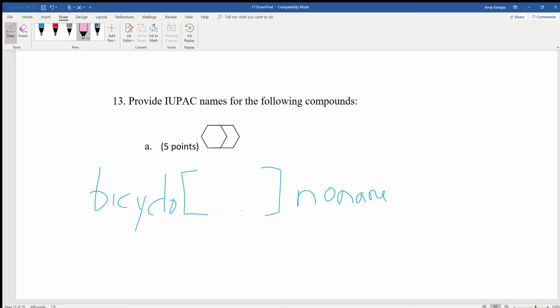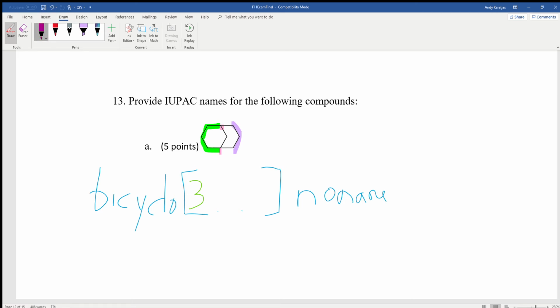And then we'll highlight our 2 bridgehead carbons in pink. So we have 3 paths in a bicyclic molecule. This first one that's in green, that first chain contains 3 carbons. We'll highlight our second chain here in purple.